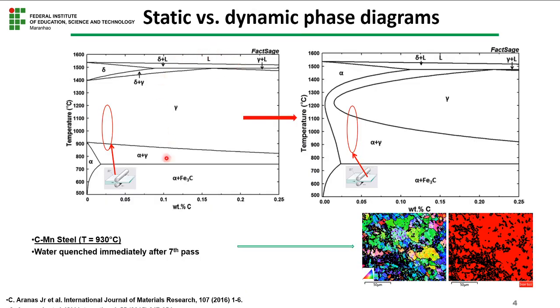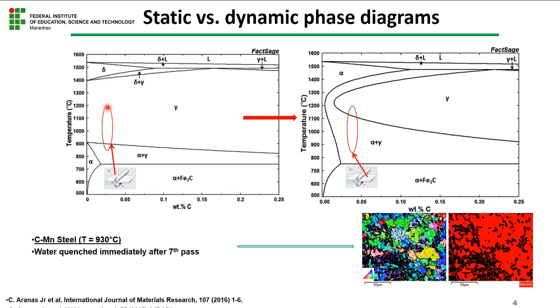As we know, this is the static versus dynamic phase diagram. The static and well-known iron-carbon phase diagram. You can see here that we have the single-phase austenite field, where normally the rolling process is applied.